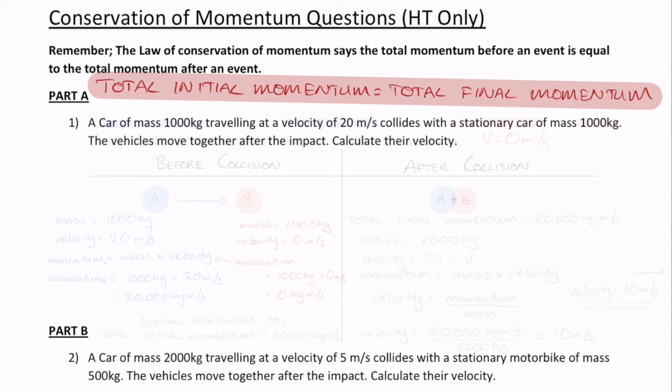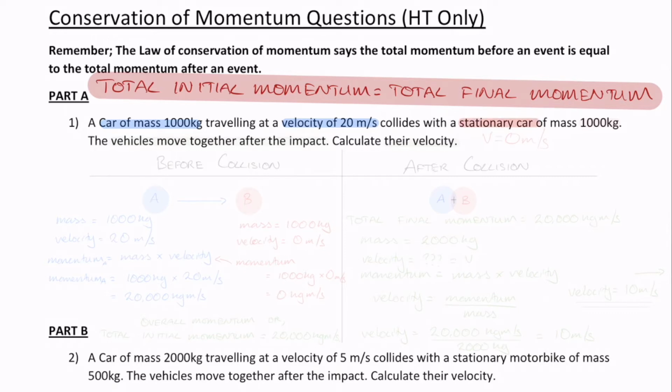A car of mass 1,000 kilograms is traveling at a velocity of 20 meters per second. Let's call that car object A and highlight its information in blue. So that's its mass and velocity. It collides with a stationary car of mass 1,000 kilograms.